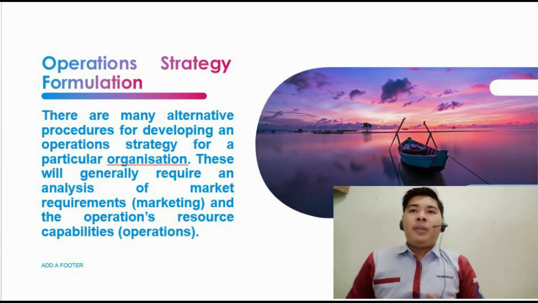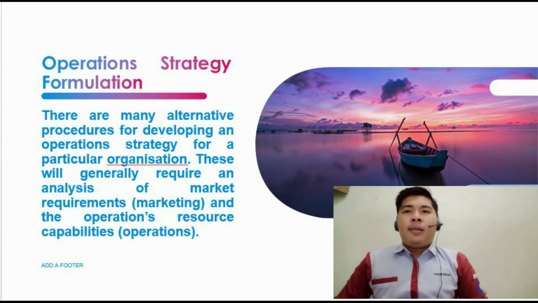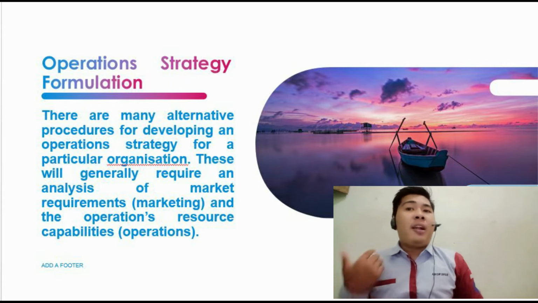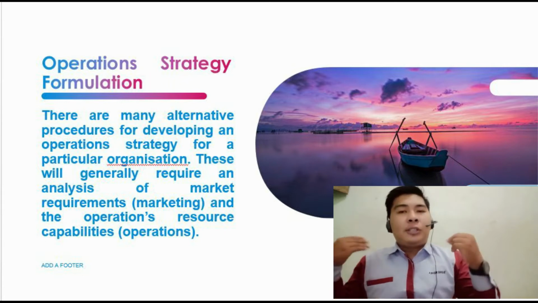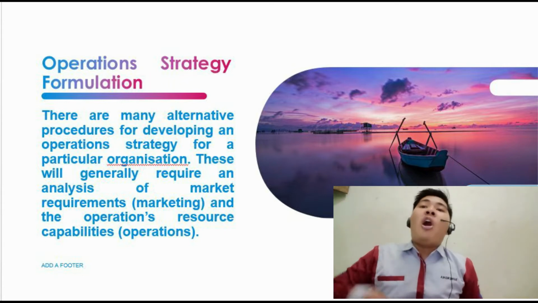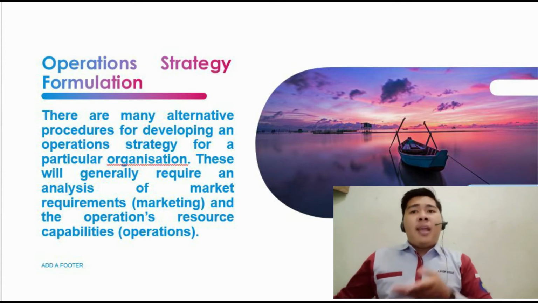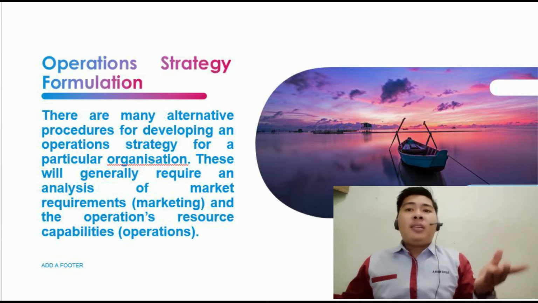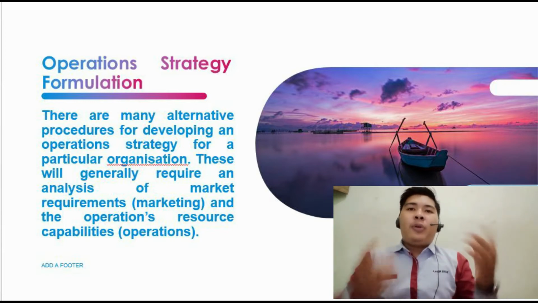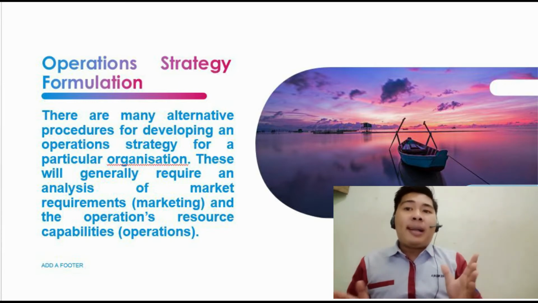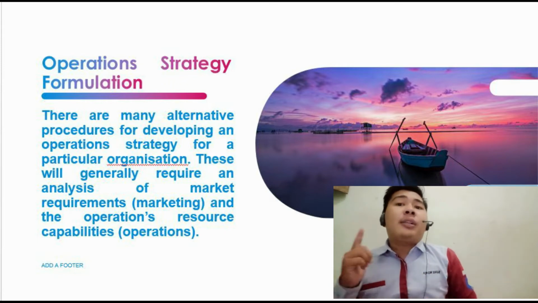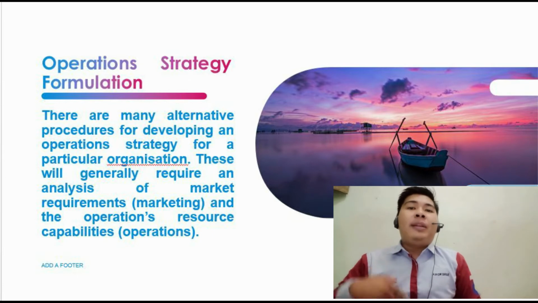Operation strategy formulation. There are many alternative procedures for developing an operation strategy for a particular organization. This will generally require an analysis of market requirements, marketing, and the operation resources and capabilities.